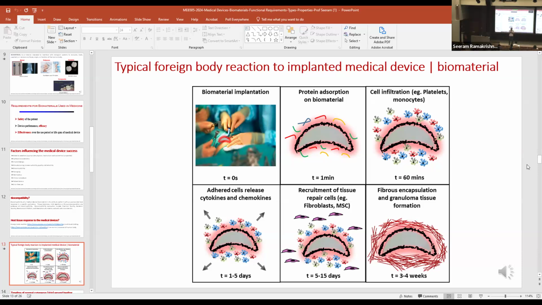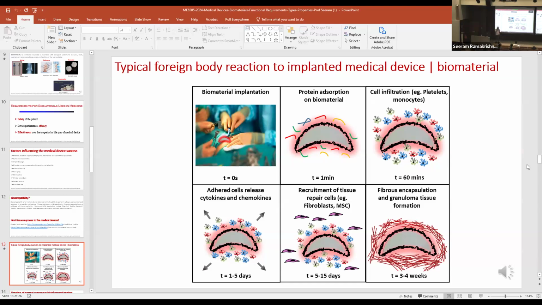And in this case, if you are implanting a biomaterial or a medical device, to implant that one also, you are disturbing the tissue. And it promotes a foreign body reaction. So that's a must. A foreign body reaction involves initially protein adsorption on the surface. Then after that, you have cells like platelets and monocytes.